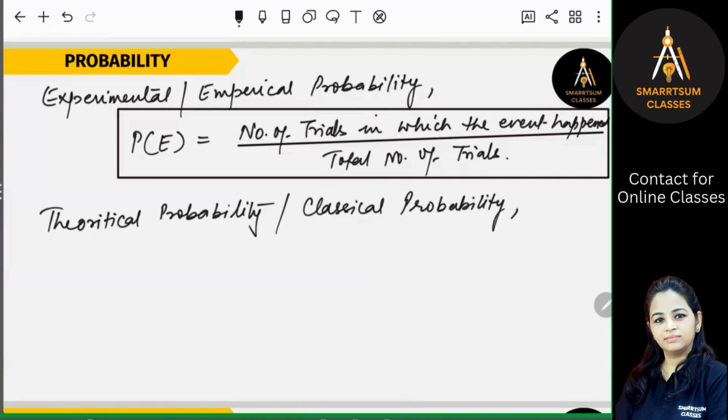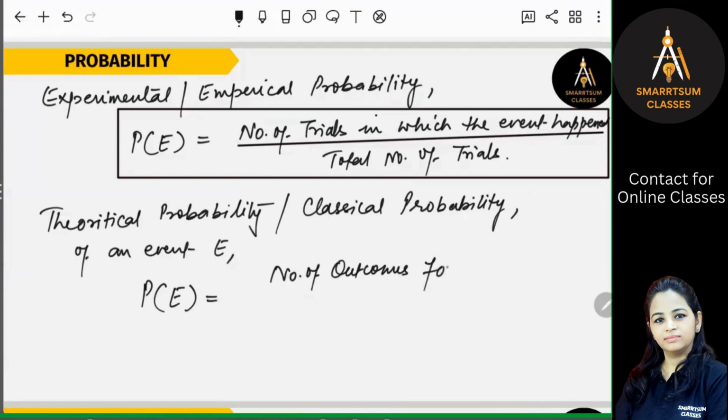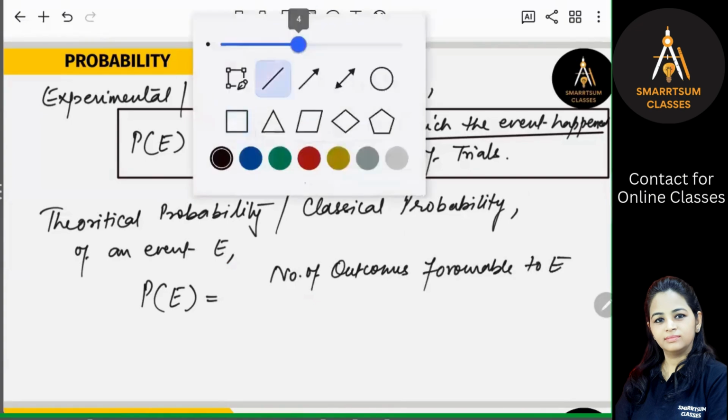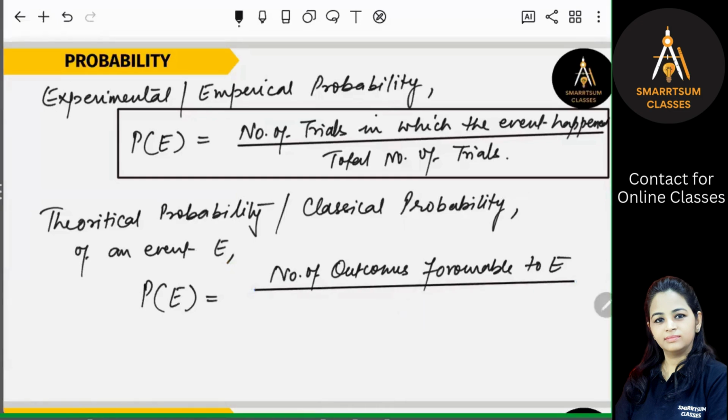The theoretical probability of an event E is written as P(E), and it is equal to the number of outcomes favorable to event E divided by the number of all possible outcomes of the experiment.